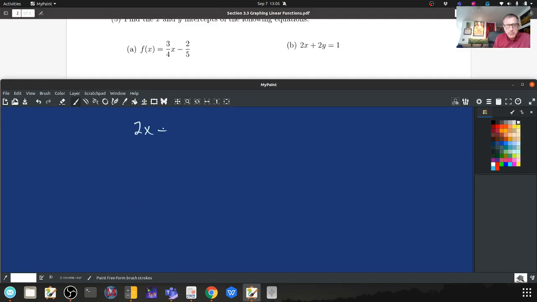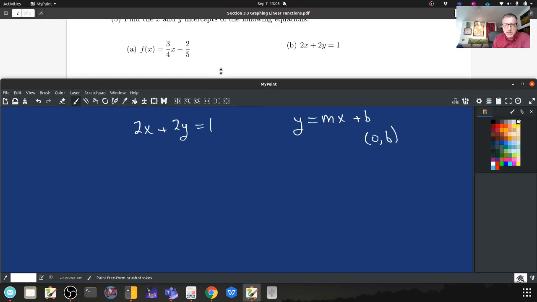2x plus 2y is equal to 1. So you have two paths to go here. You can solve for y, and when you solve for y you'll have mx plus b, and then you will have the value for b that works for our y-intercept.